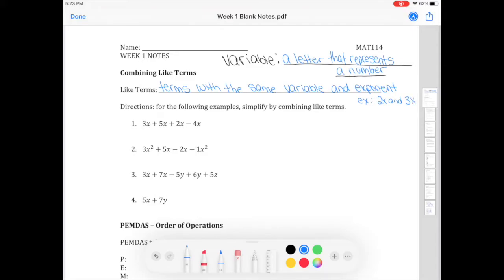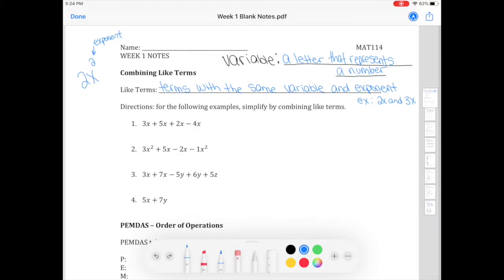2x and 3x are like terms because they have the same variable, they're both using an x, and they have the same exponent. An exponent is like, for example, if I have 2x squared, this number right here is an exponent. Because these ones don't have an exponent written, they technically have an imaginary one for their exponents.